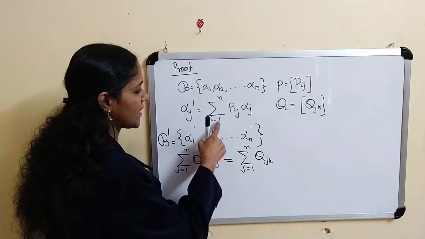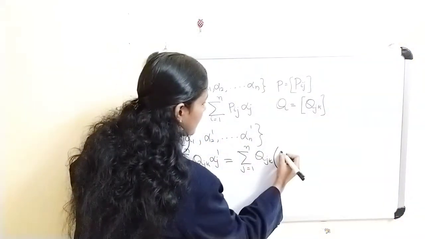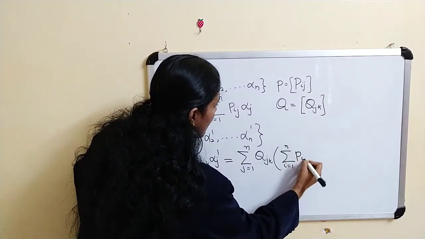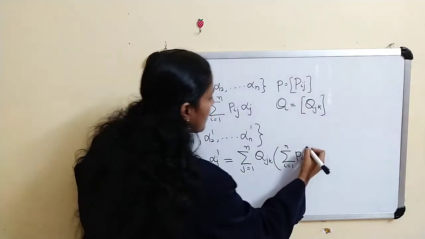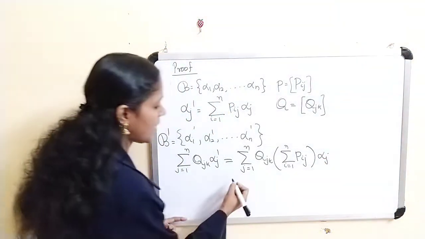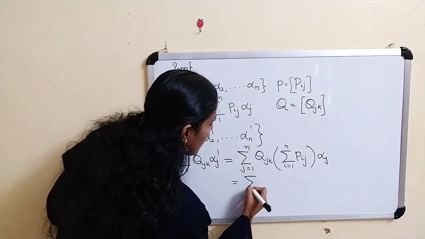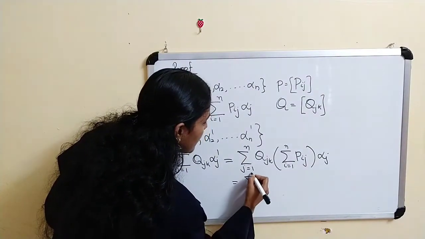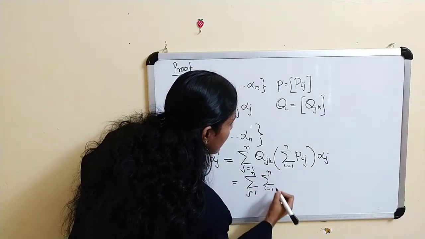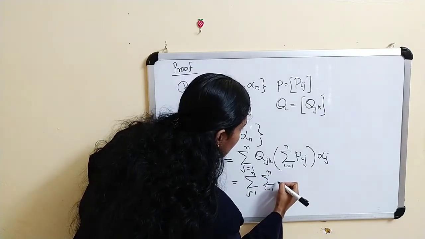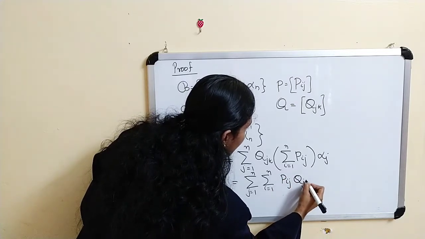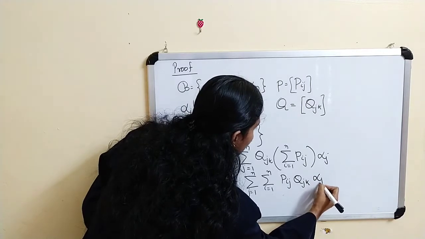What is alpha j dash? Alpha j dash is sigma i varies from 1 to n, P i j alpha i. So this is equal to sigma j from 1 to n, sigma i from 1 to n, P i j Q j k alpha i.